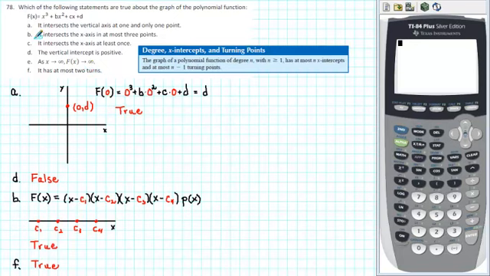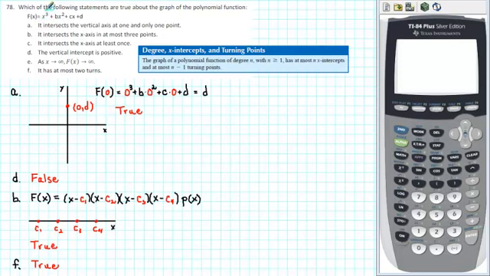Part C. It intersects the x-axis at least once. To answer this part, let's think about the end behavior of our polynomial function. The end behavior of a polynomial function is exactly the same as the end behavior of the leading term. In this case, our leading term is x cubed.